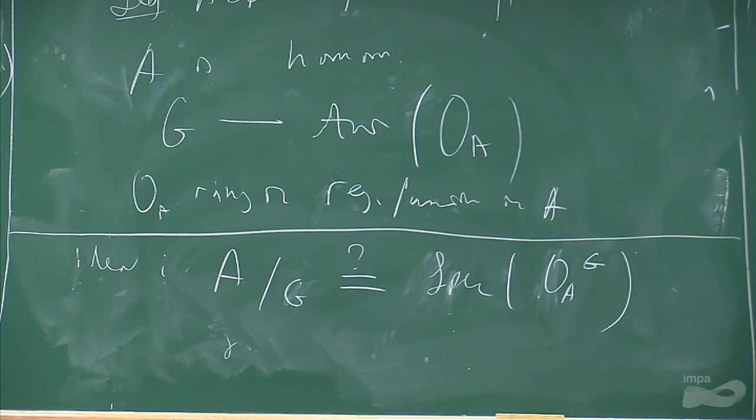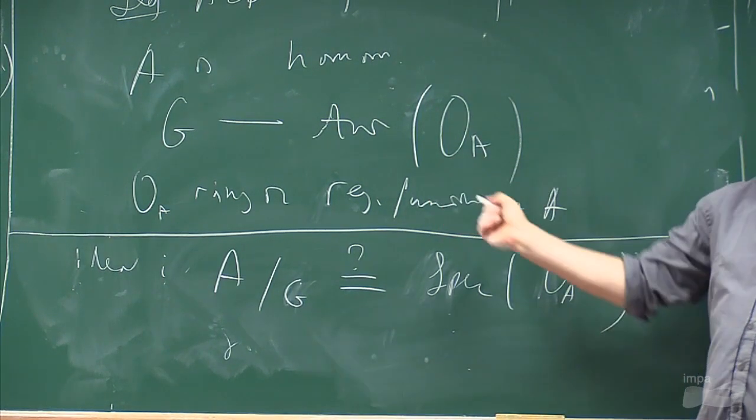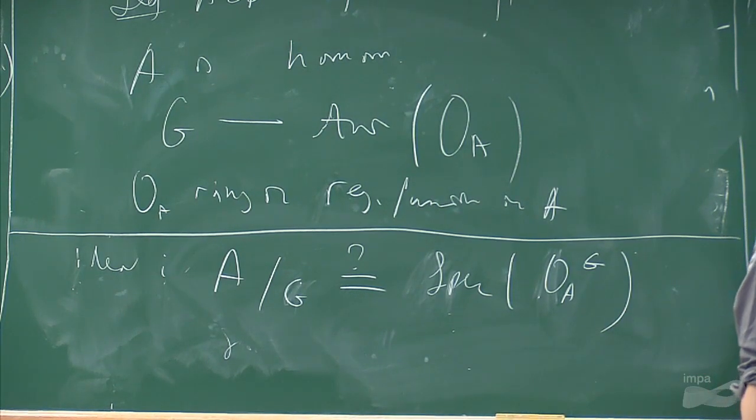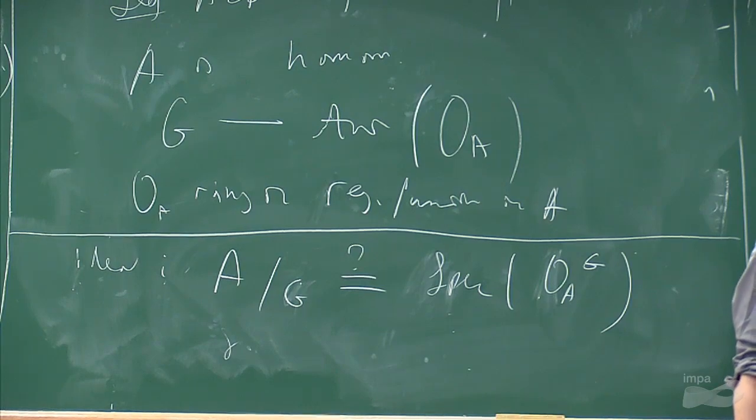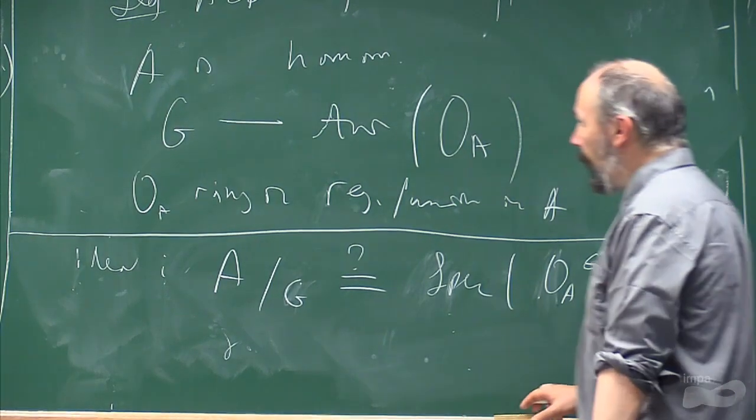And of course, then we need to identify the points in the quotient with maximal ideals in the invariant ring. I was not going to do that today, definitely. What I was going to do today is prove the Noether theorem, that the invariant ring is finitely generated. So, the theorem of Noether.